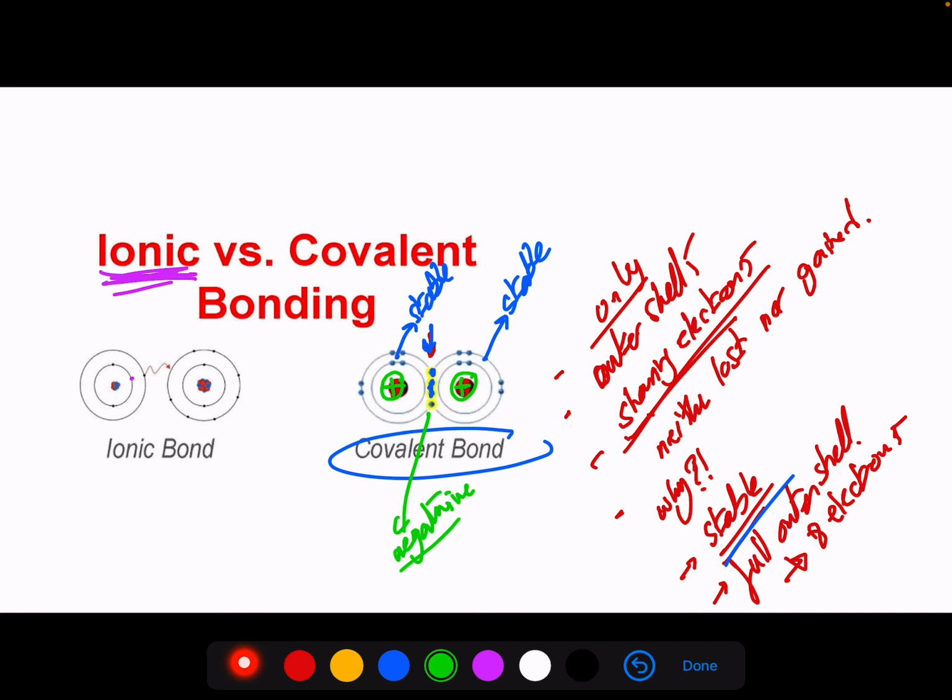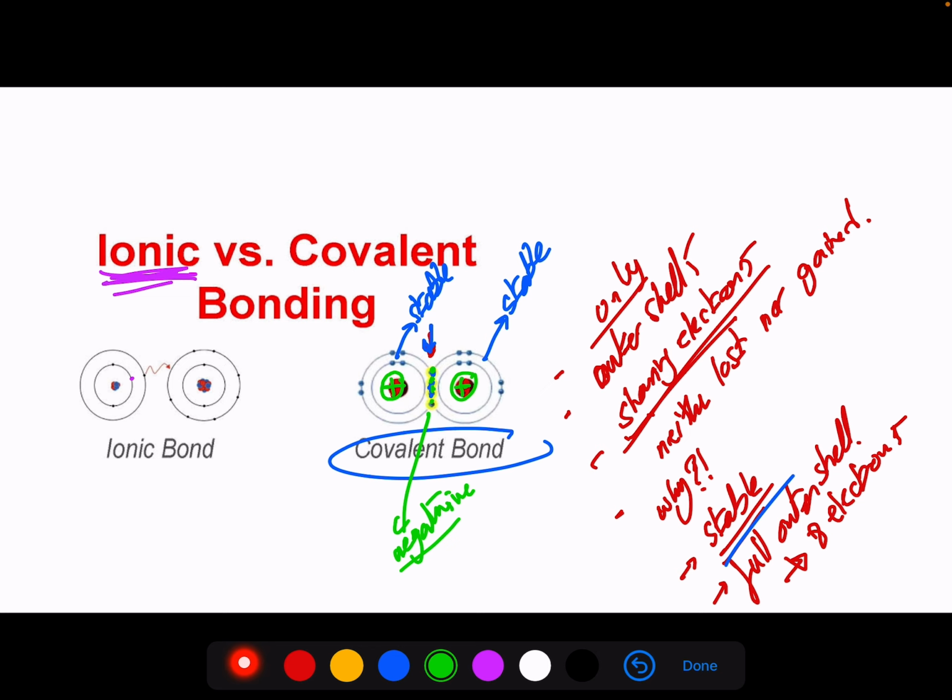So having negatively charged electrons in between two positive nuclei, according to physics, they would attract one another. We know that negative and positive attract. Because of the attraction between the shared electrons and the positive nuclei, these electrons are held in place.